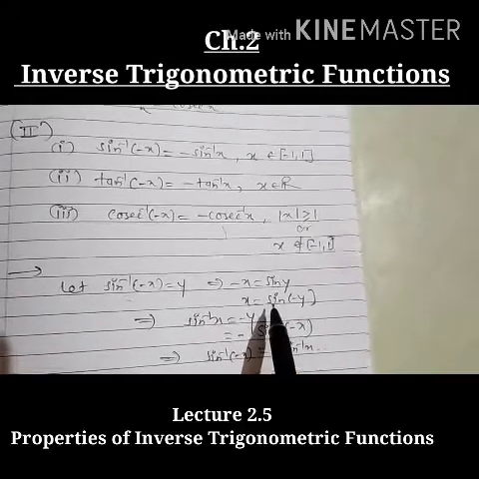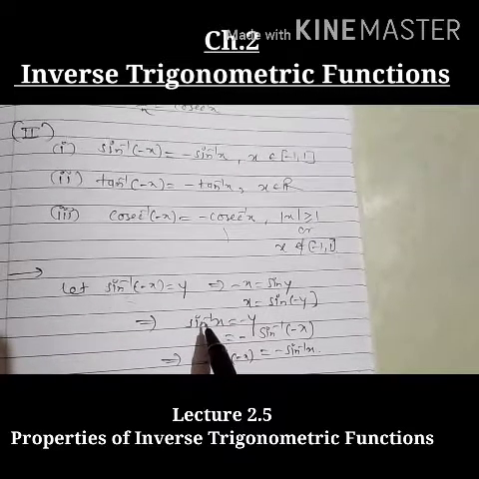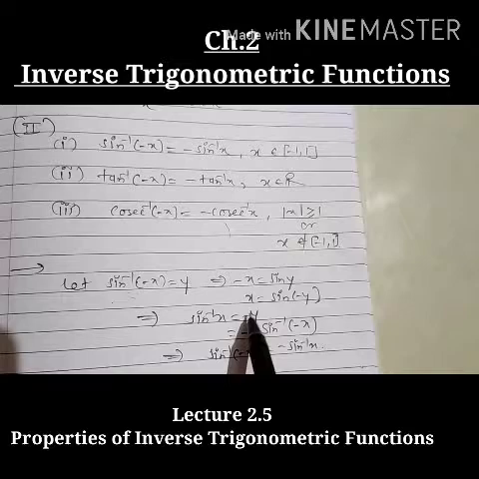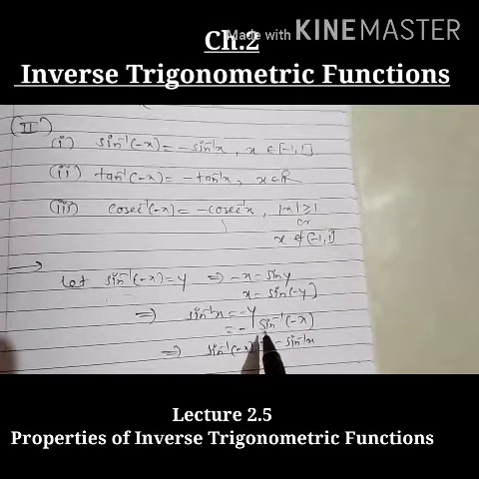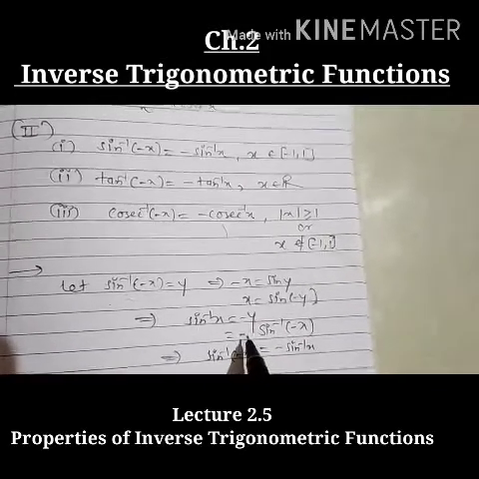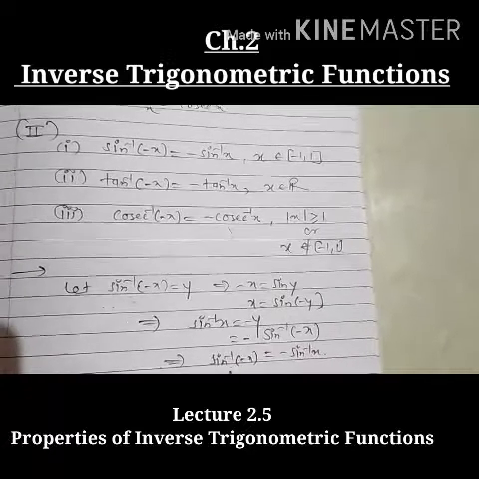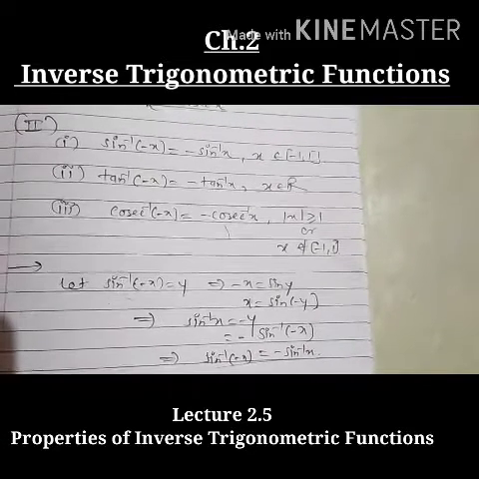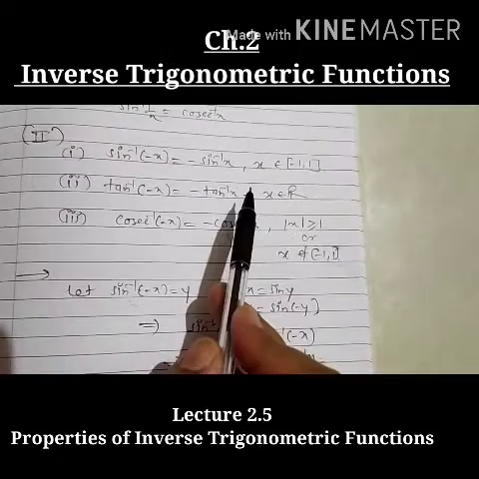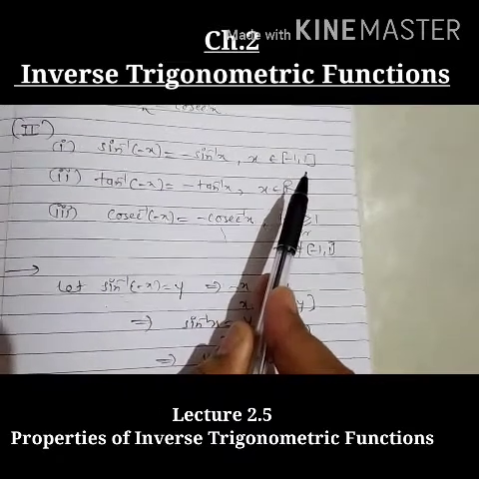Again we'll take sine inverse this side. It will be minus y, and we'll put the value of y, minus sine inverse of minus x. Again we'll take this minus sign this side. And this is what we had to prove: sine inverse of minus x is minus sine inverse x for x belonging to the closed interval minus 1 to 1.